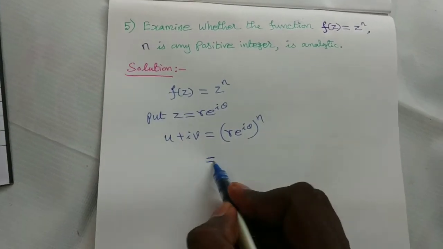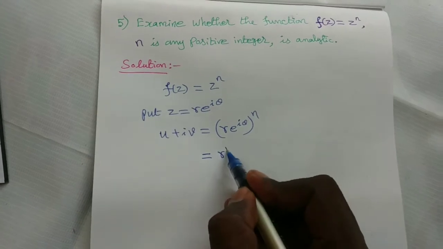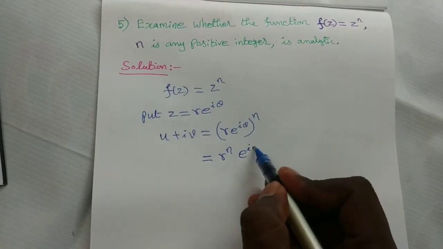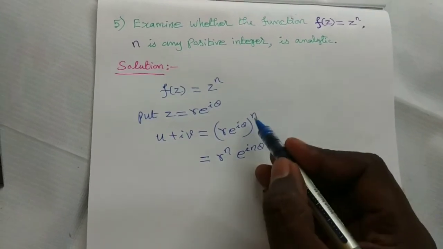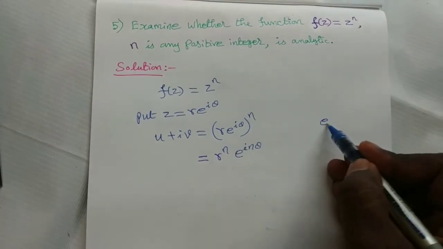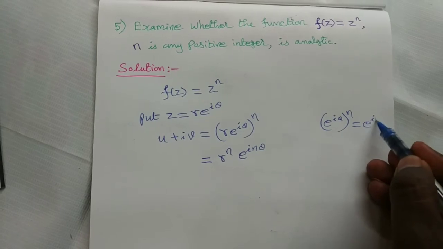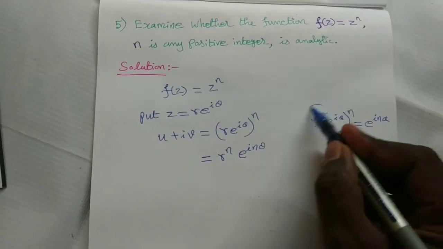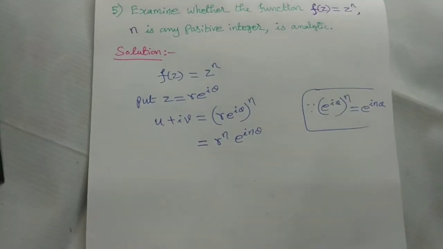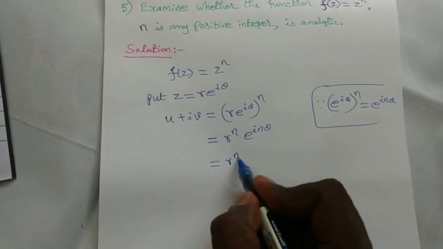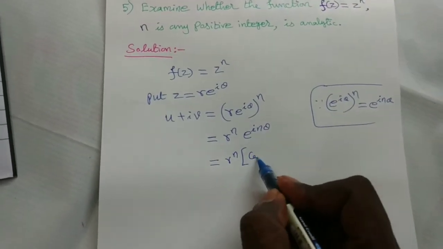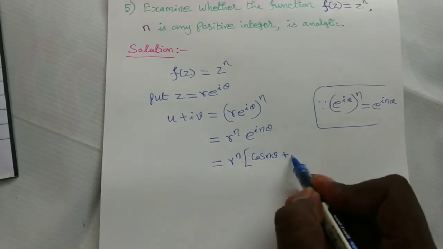Now when you take power n inside, it is r power n into e power i n theta. You see, when you take e power i theta the whole power n, it is e power i n theta. So this is the usual form. But e power i n theta is cos n theta plus i sin n theta.